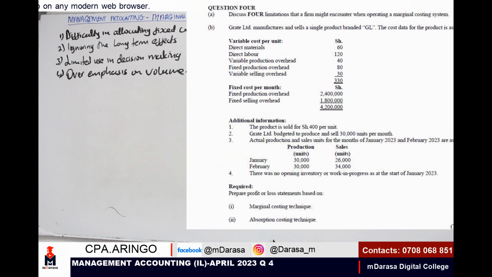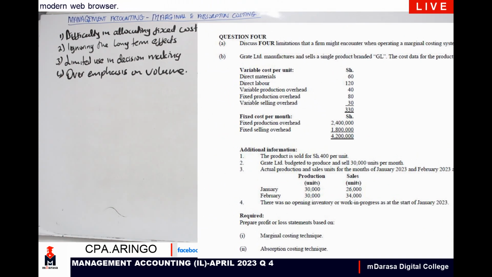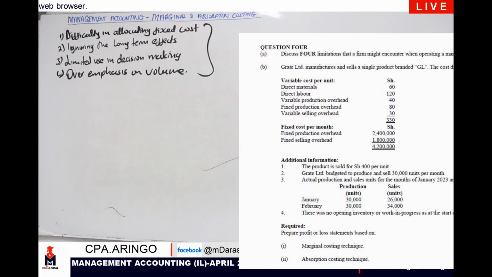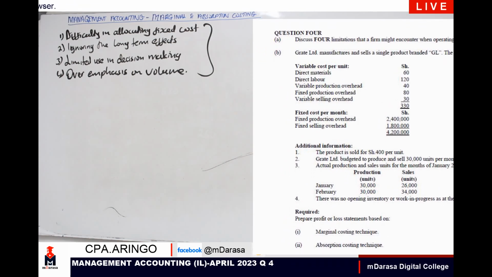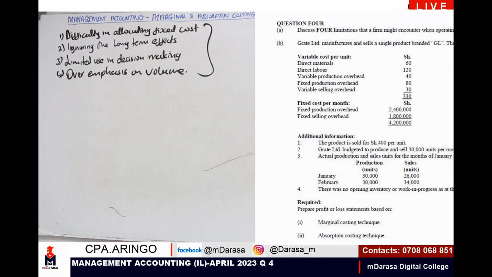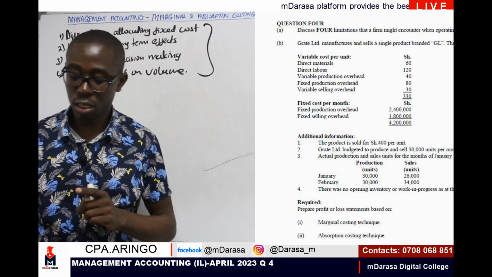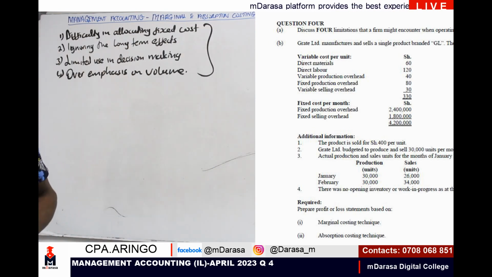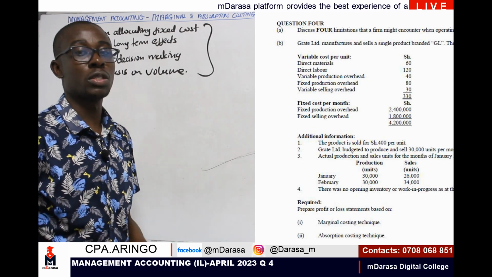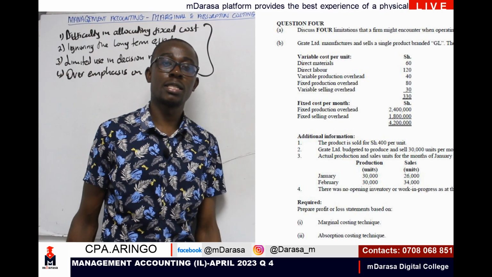At this point, my good student, it is very essential for you to remember what Mwalimu had shared with us earlier on. Mwalimu mentioned one very important concept: anytime you are dealing with marginal costing, there's one thing that you should always remember. It will always be upon us, first of all, to prepare our product cost statement.